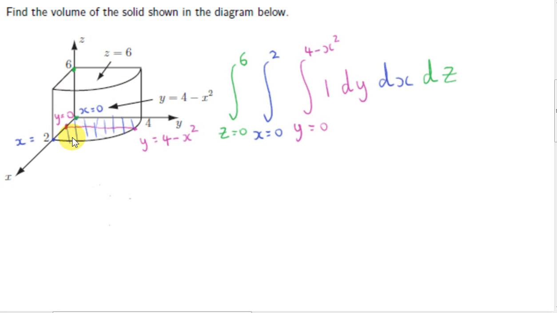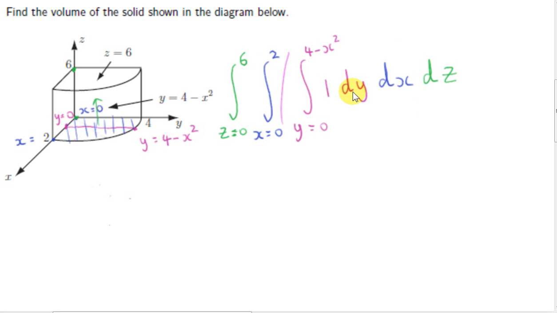All points in this cross section have 0 for their z value, and so we imagine the cross section sweeping it out. Well, actually we will just be multiplying all of this integral here by 6, because we can see that the horizontal cross section doesn't change. This shape here is a prism.